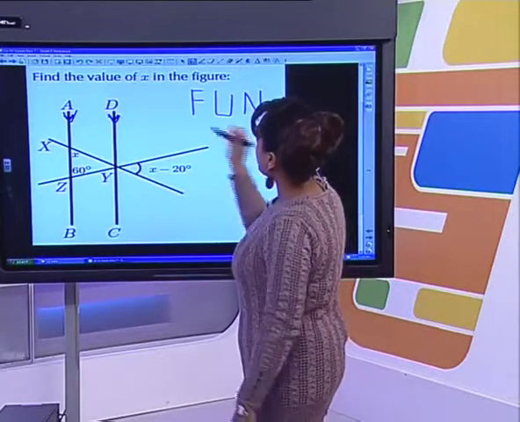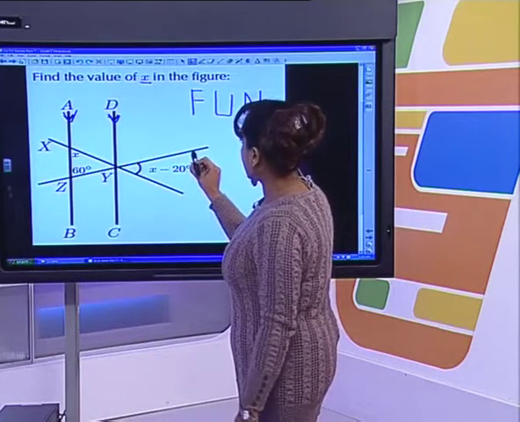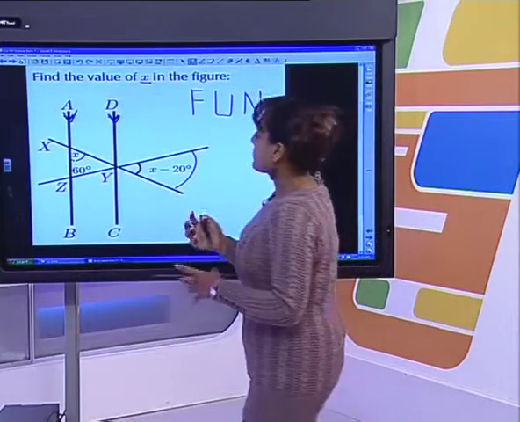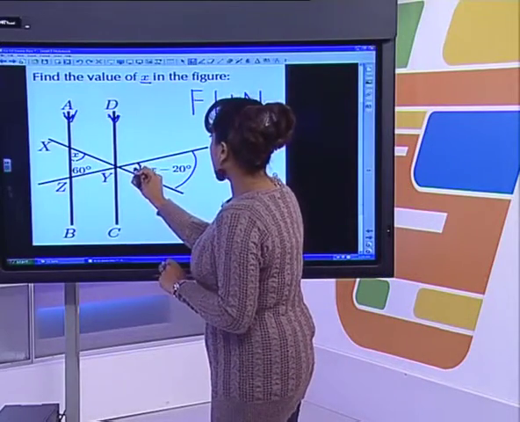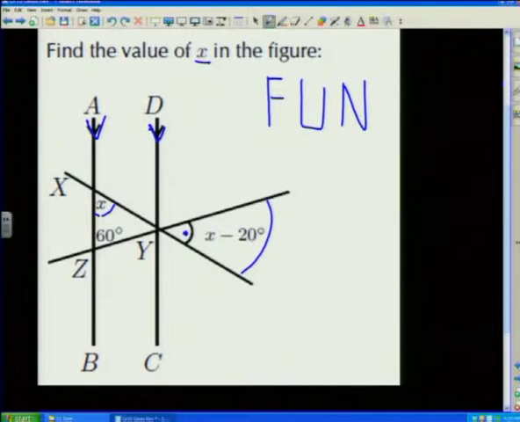So we know that we're looking for the value of x. We see that we are given that this angle is x minus 20, and then this little one here is x. So we somehow need to form some sort of equation, because remember, if you're looking for x, you need to solve for x. It means you need to get an equation. So where do we get our equation from? We know that this angle doesn't have any label, so I'm going to call it y1, and let's call this one y2.